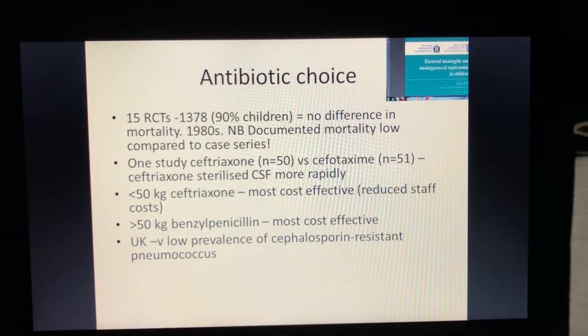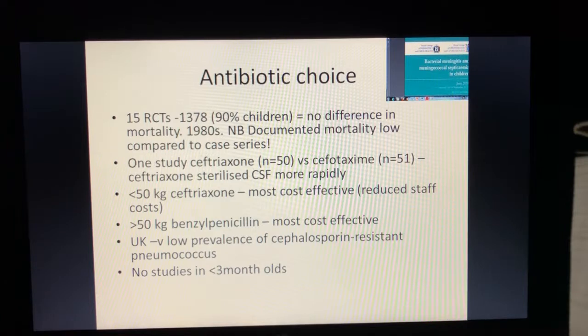Now, fortunately, there is currently really quite a low prevalence of pneumococcal resistance to cefotaxime and ceftriaxone. Around 1 to 1.7% of strains have been reported to have either intermediate or high resistance to cefotaxime between 2004 and 2007, and that source is from the Health Protection Agency in London.